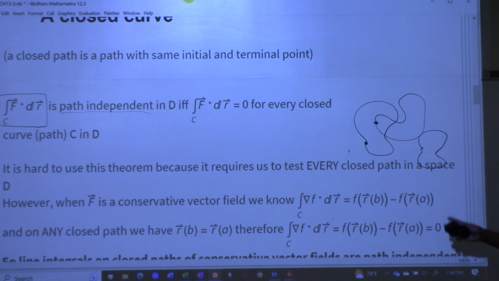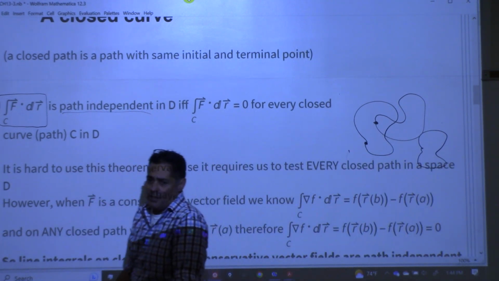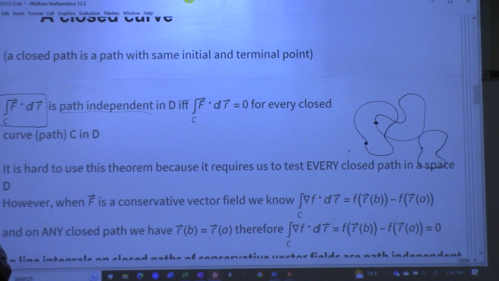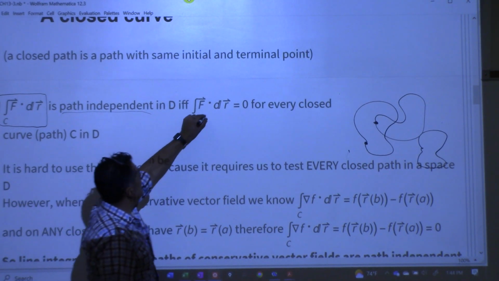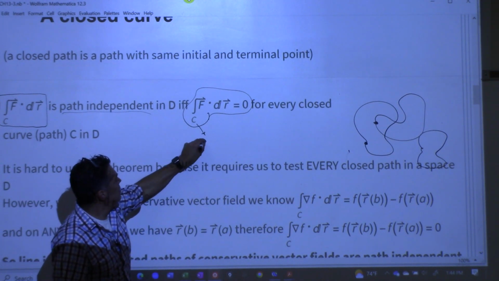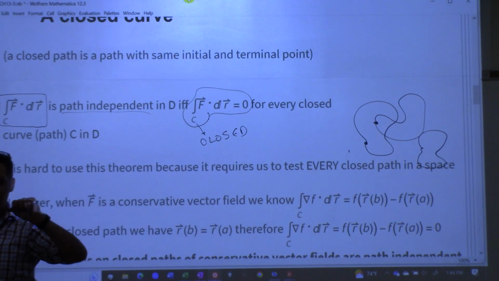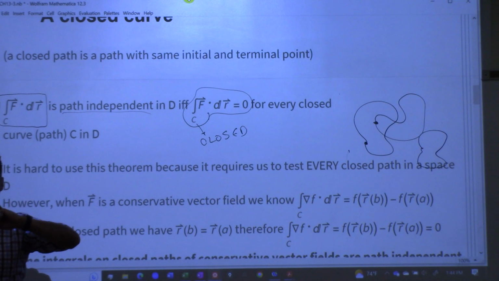So it's hard to use this theorem, okay? It's really hard to use this theorem because you can't possibly test every closed curve in a path. It's impossible to do. But the good thing about this theorem is this. What if it's a conservative vector field? Then what? 0, right? Because we know the answer will always be 0 on a conservative vector field if the path is closed. Why? Because the previous theorem says that you just have to subtract the scalar function at the two endpoints.